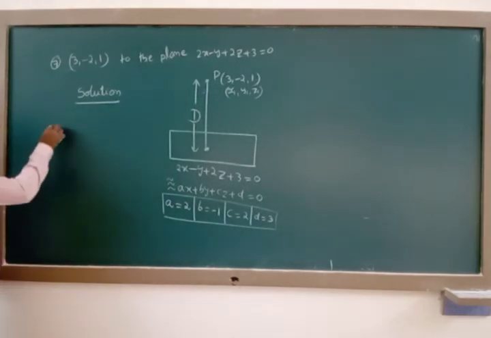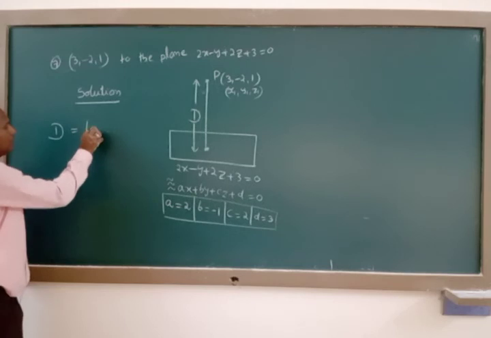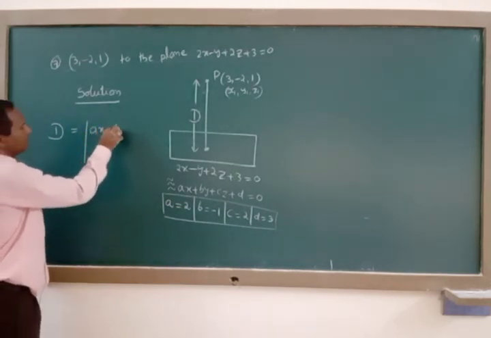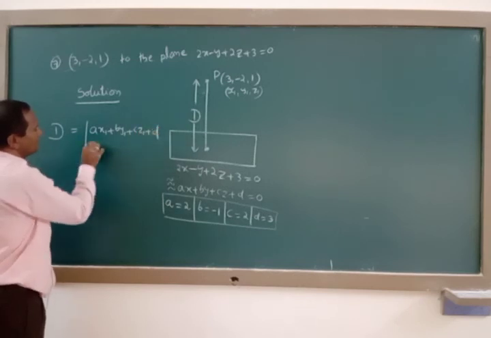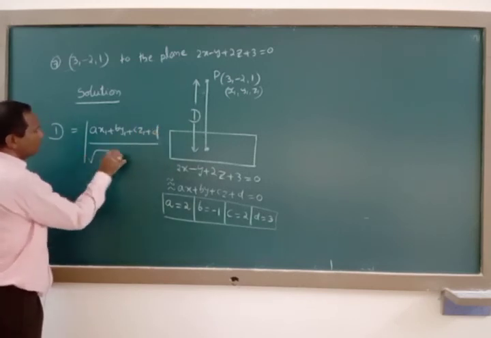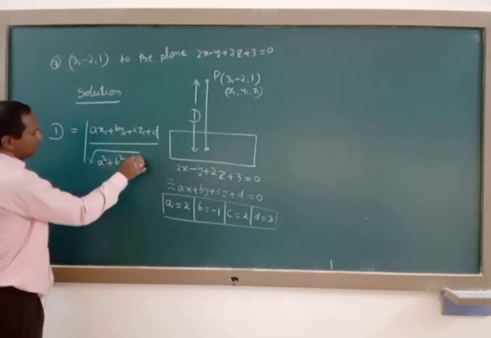Then we apply this formula: D is equal to modulus of ax1 plus by1 plus cz1 plus d, whole divided by square root of a square plus b square plus c square.